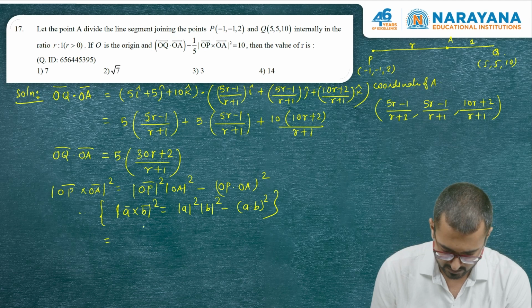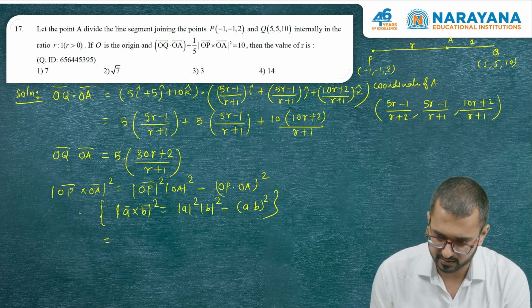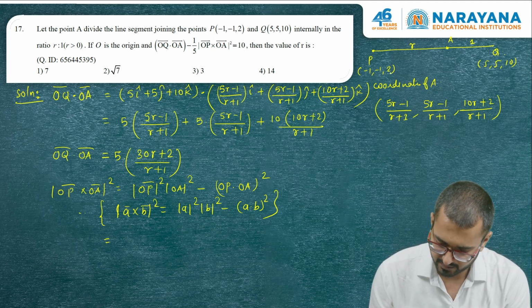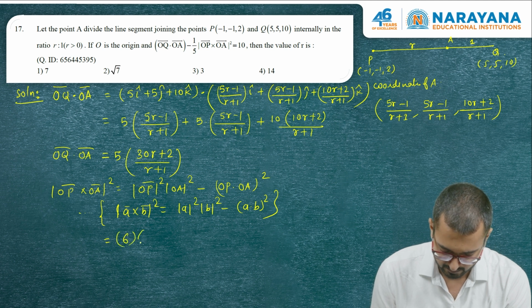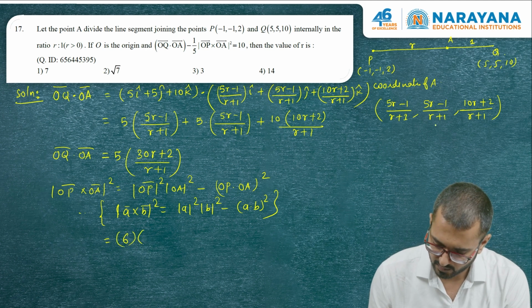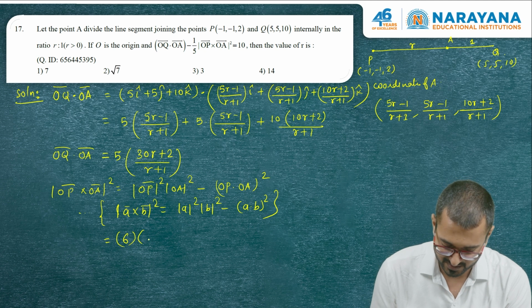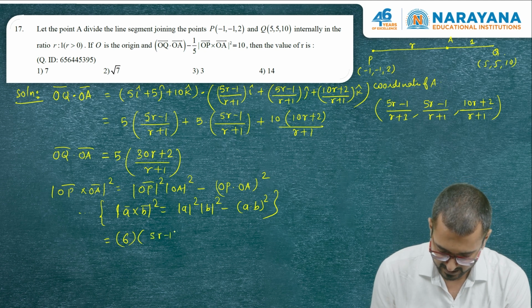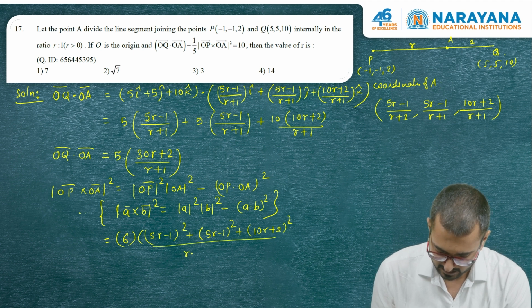So OP squared is going to be the magnitude of this. It's going to give you 4 plus 1, 5, plus 1, 6. And then OA squared. OA squared is the magnitude of this, which is going to be (5r minus 1) squared plus (5r minus 1) squared again plus (10r plus 2) squared, all over (r plus 1) squared.